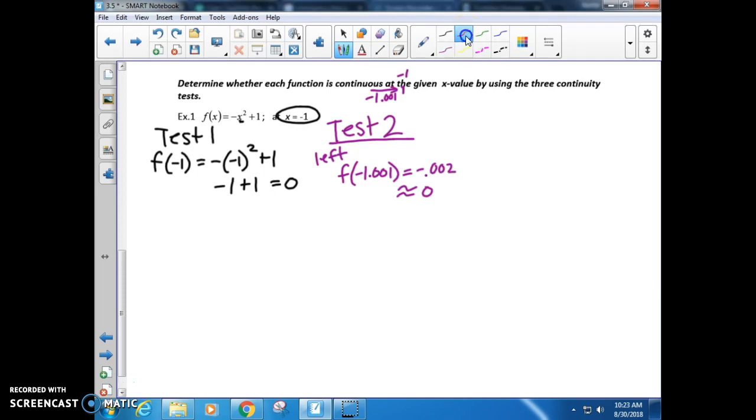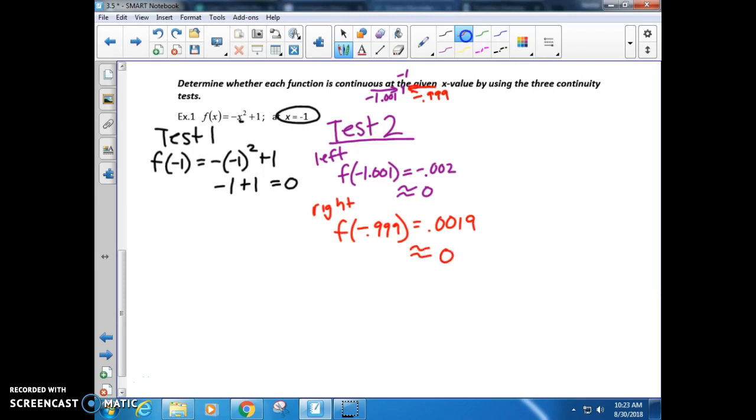And now we need to test it from the right, so we think of a value like -0.99, that would be from the right. So we have f of -0.999. If I plug that into my function, I get something close to 0.0019, which is basically 0.